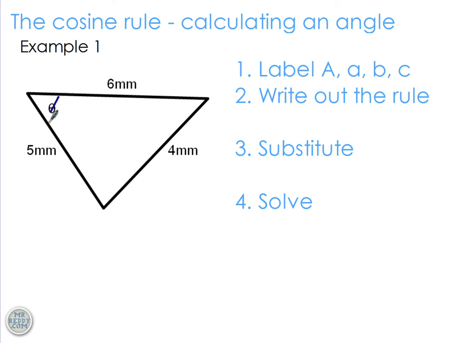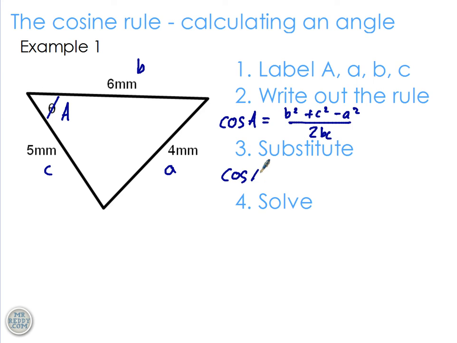My unknown is no longer theta, it's capital A, and opposite A is little a, and we'll make that b, and we'll make that c. Write out the rule. Well, it was cos A equals b squared plus c squared minus a squared all over 2bc. So substitute what we have.